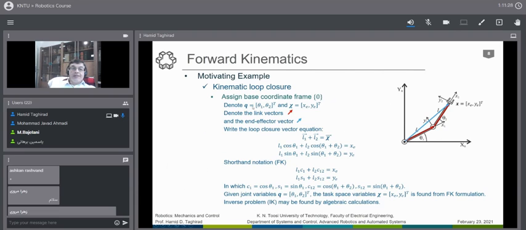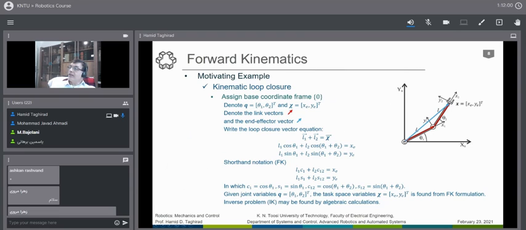Now denote the link vectors with the red vectors here, and the end effector vector, the final vector, with the blue one. You see the loop closure here quite easily. A vector formulation can be written. The blue vector is the task space, the chi version. The red ones are the joint space variables, the Q version.